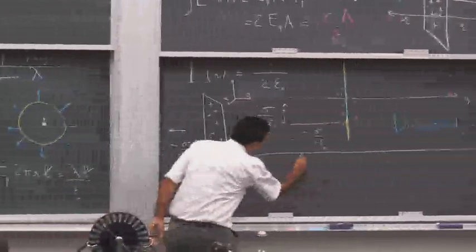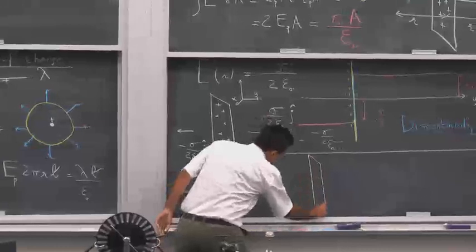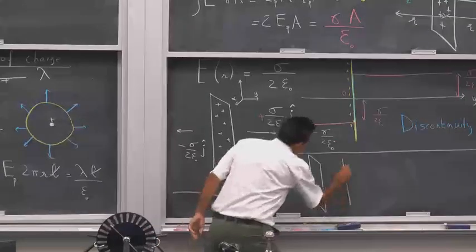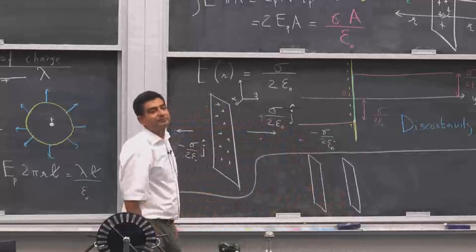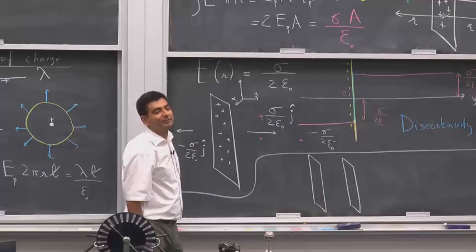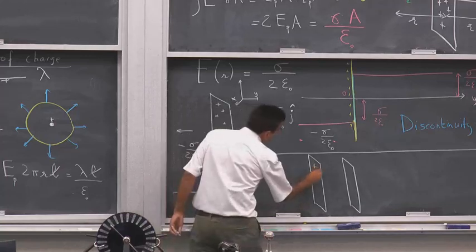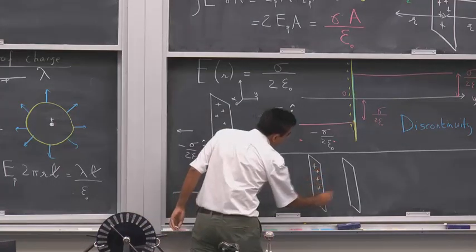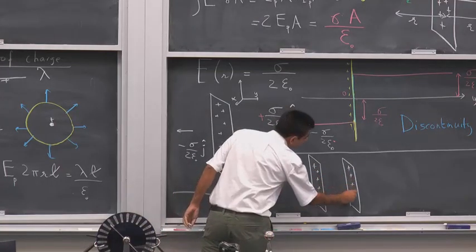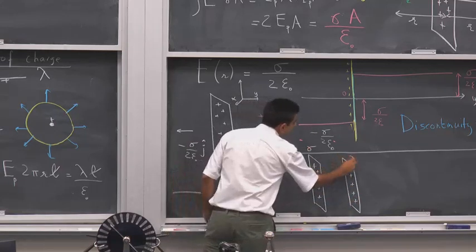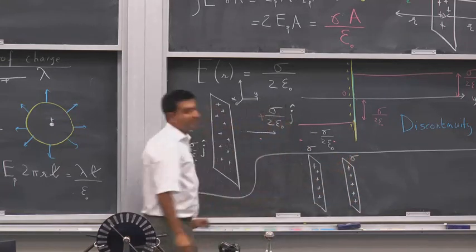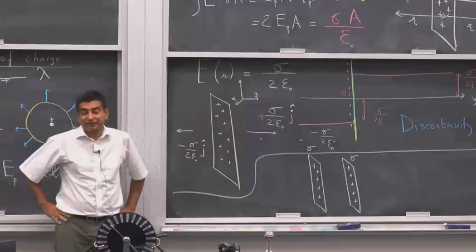Okay, by the way, if I have two infinite sheets of charge, both of them suppose are positively charged, and the charge density here is sigma, the charge density here is also sigma. I would like to plot the electric field.